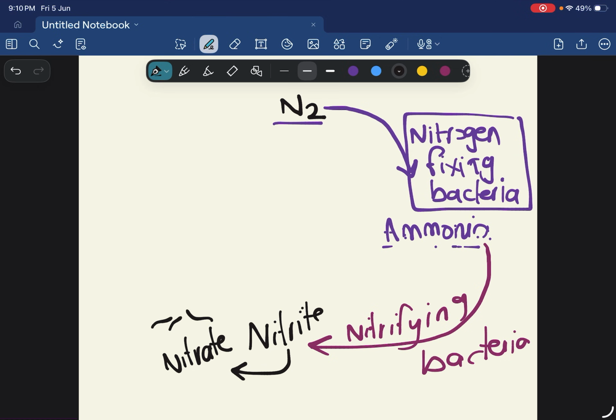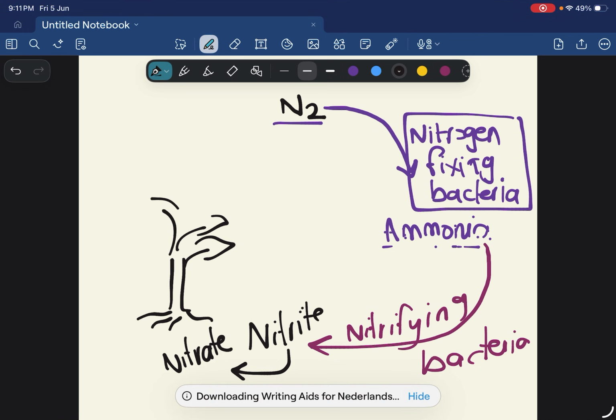Plants can absorb nitrate from the soil and use it to make amino acids, proteins for growth. Nitrite is toxic to plants, so it is quickly converted into nitrate.